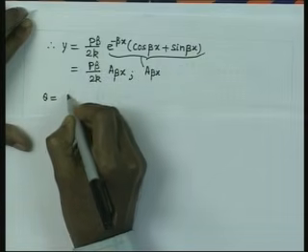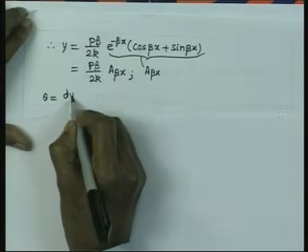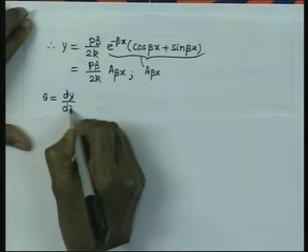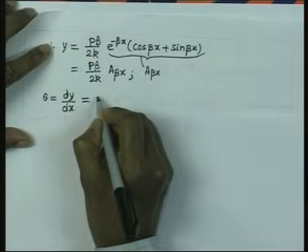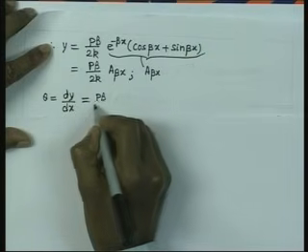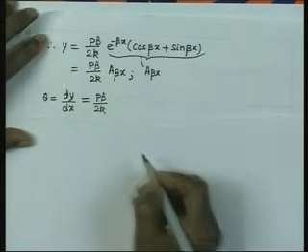We write that the slope theta is nothing but dy by dx. So we simply have to differentiate once.